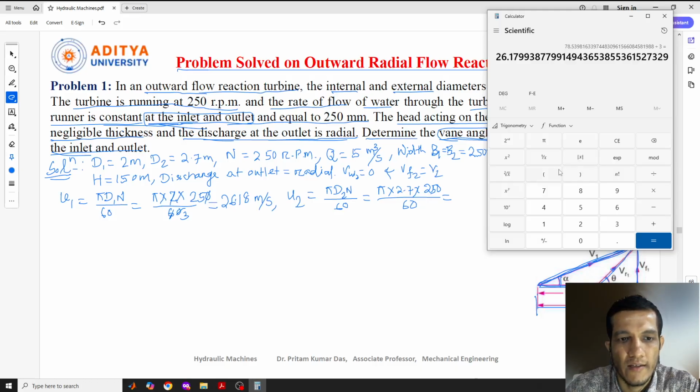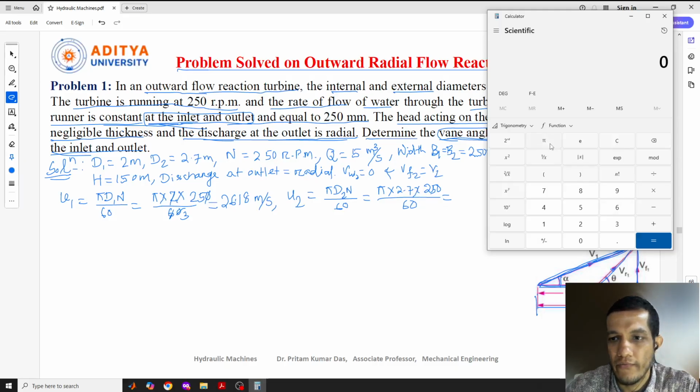Let me try another method: divide by 2 and multiply by 2.7. No, it will not come like this. Anyway, we'll solve it this way: pi into 2.7 into 250 divided by 60.